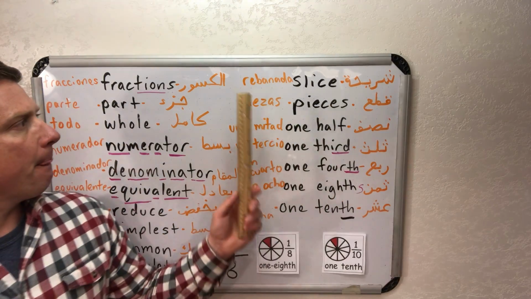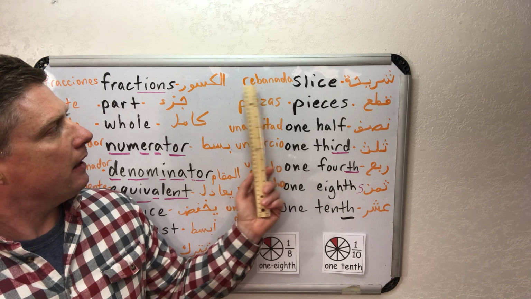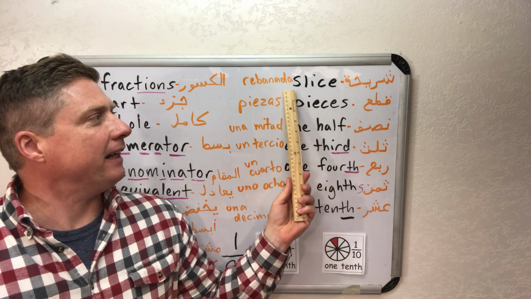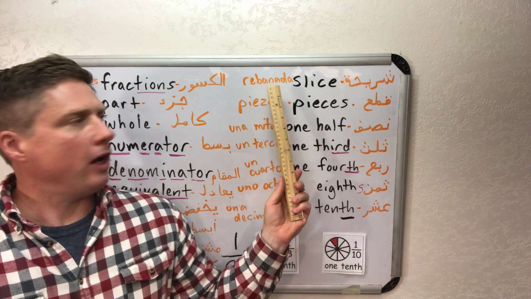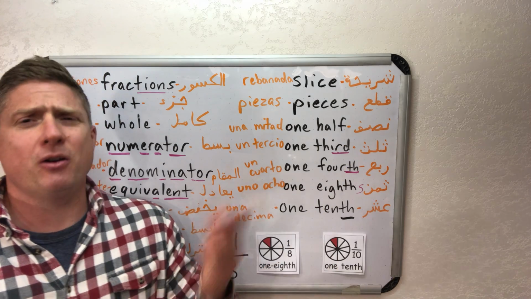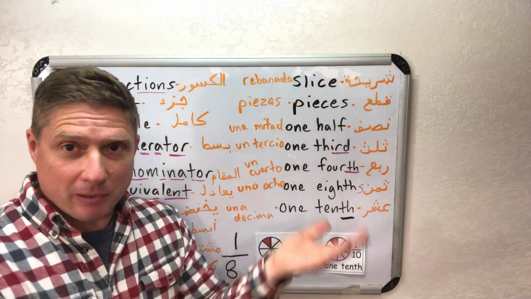Over here. Rebanada, rebanada. And شريحة, يعني slice, a slice, like a slice of pizza or a slice of cheese. And I know it's Ramadan right now, so I'm sorry, but this is what our book uses as the pizza in the pictures.